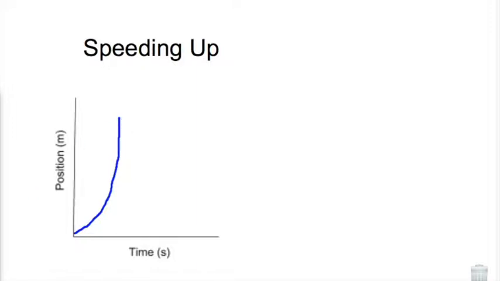Because if you look at the slope at any one point, in the beginning the slope is positive, but it's fairly shallow. As you get farther along, the slope is still positive, but it's going up at a higher rate. Since the slope is velocity, if we're speeding up, we're going to get a higher and higher velocity, really a higher and higher speed. But in this case, since it's positive, it's going to just go steeper and steeper. So speeding up means steeper.